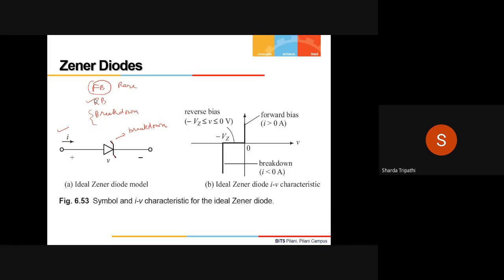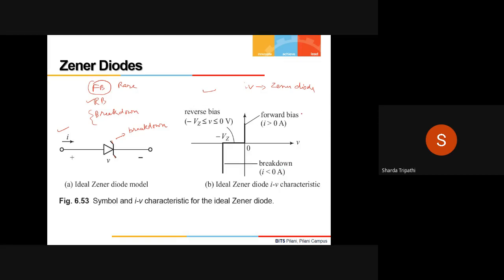What we are going to see now is, when the diode is forward biased, reverse biased, or in the breakdown region, how we can replace it in the circuit, and how the circuit analysis can be done. Here in this figure, we have the typical IV characteristics of the Zener diode. Clearly we see three regions: the forward bias region, the reverse bias region, and the breakdown region.